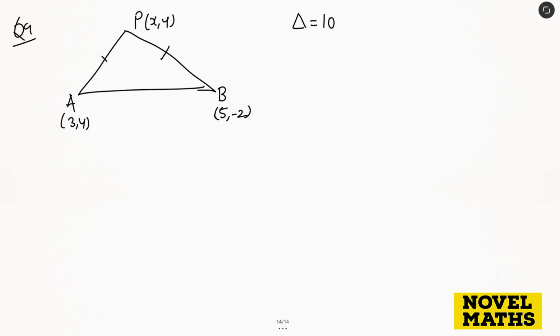When we get this kind of information, instantly we know we have to apply distance formula, right? The length of PA and length of PB is same. PA is PB. So let's do that.